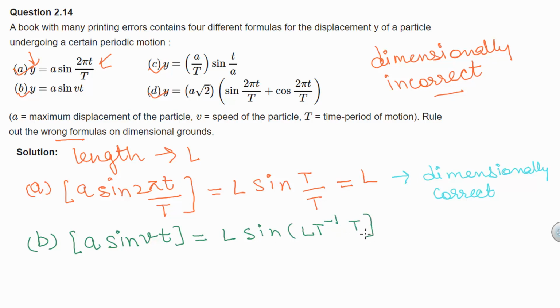Here LT^-1 is dimensions of velocity. So we get L sin(L). Now here note that trigonometric function is not dimensionless. So this relation is dimensionally incorrect.